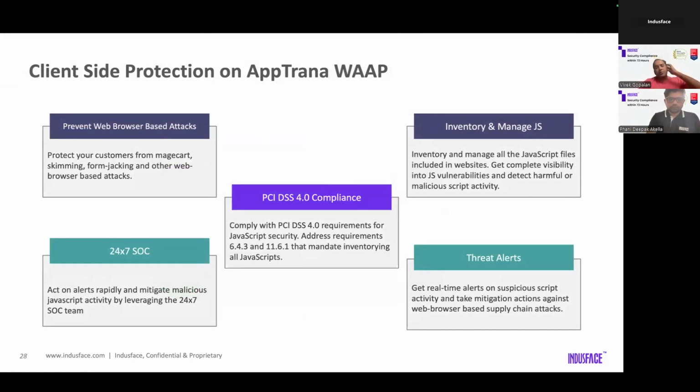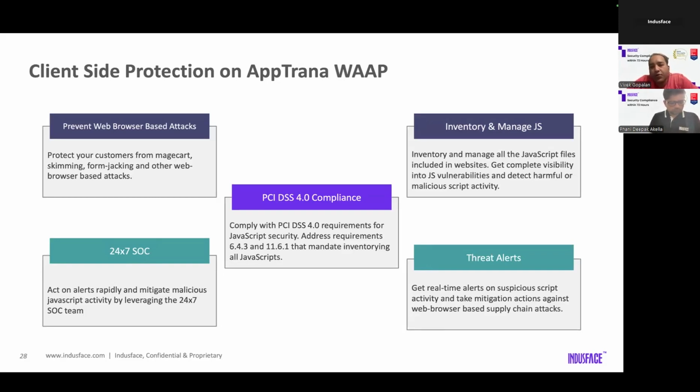So just to summarize, as part of the client-side protection, essentially protecting against browser-based attacks, what Aptrana does is it helps you get the inventory. As you onboard an application behind Aptrana, we learn and understand what JavaScripts are part of your application and what third-party components are getting loaded. We give you the inventory.